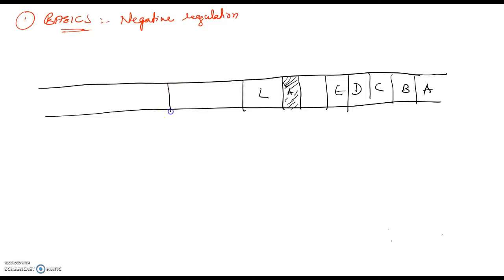Then there is your operator region, and this is your promoter region. Now the body requires tryptophan, or the bacterial cell requires tryptophan. So what happens? The RNA polymerase is bound to the promoter region.